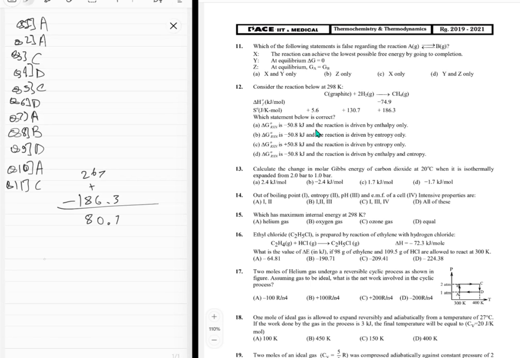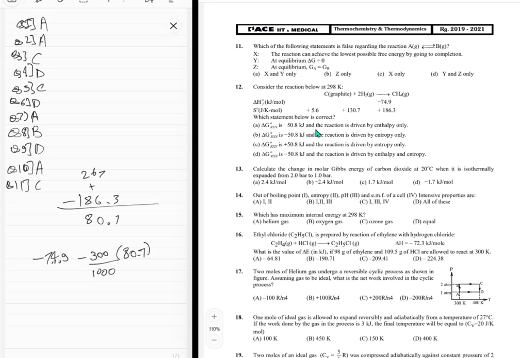Our delta H is negative 74.9 kilojoule per mole. We want kilojoule per mole. Then negative T delta S, so negative 300 divided by 1000, times delta S.